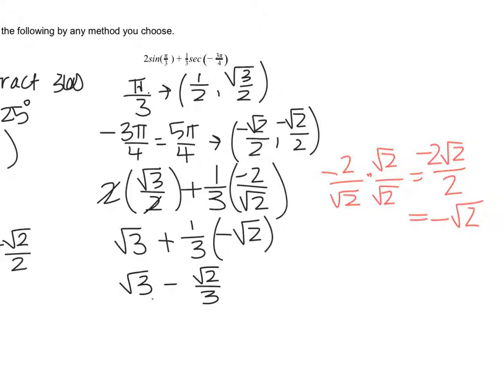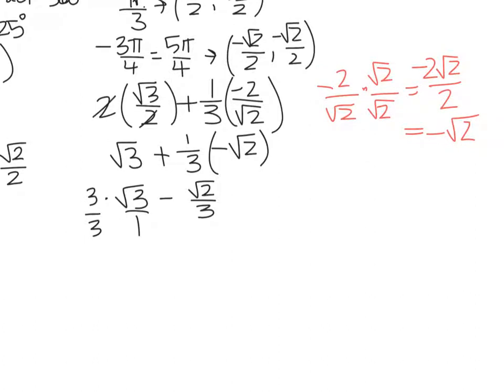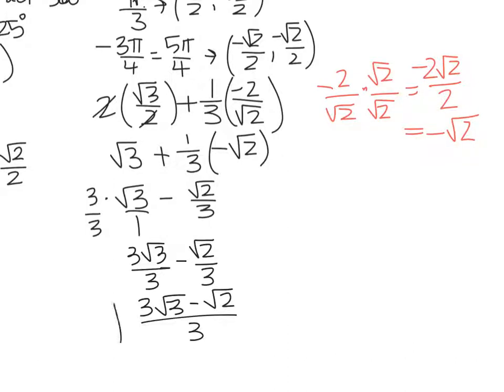So this is technically radical 3 over 1. So I can multiply my fraction by 3 over 3, so it'll have a common denominator. So we'll get 3 radical 3 over 3 minus radical 2 over 3. Writing it as a single fraction, we get 3 radical 3 minus radical 2 all over 3. And that is going to be our final answer.